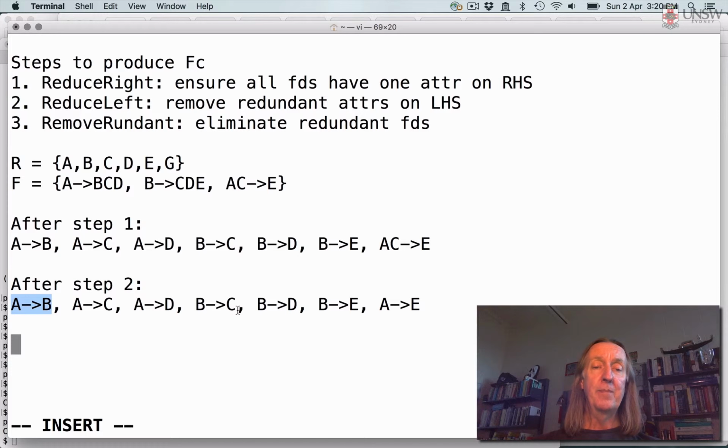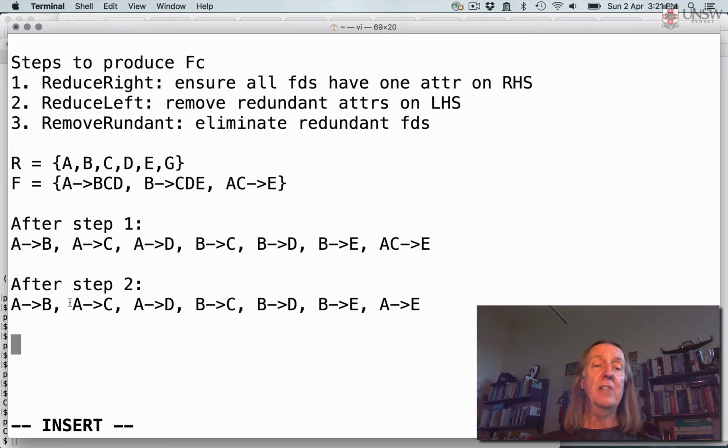And if you look at them, it's pretty clear that you can't. A determines C, C determines D, and that's as far as you can get. So the closure starting from A without A determines B is just C and D. So that dependency is not redundant.